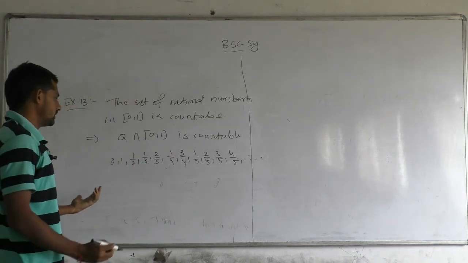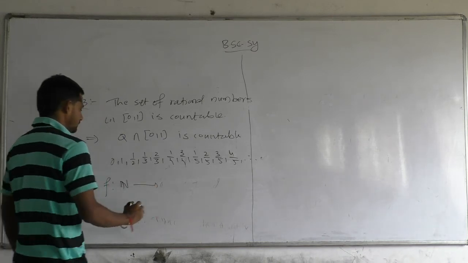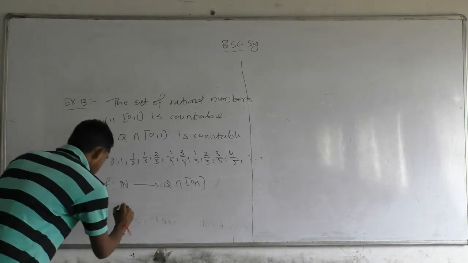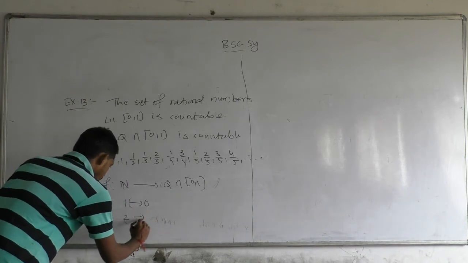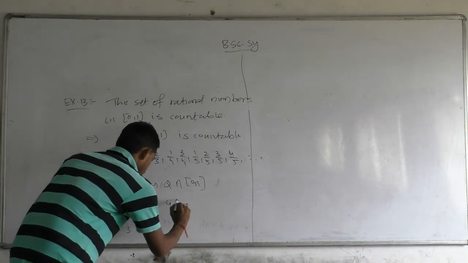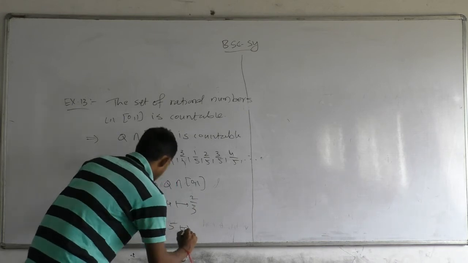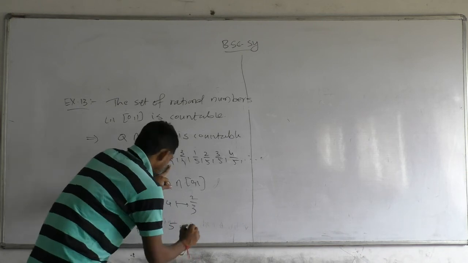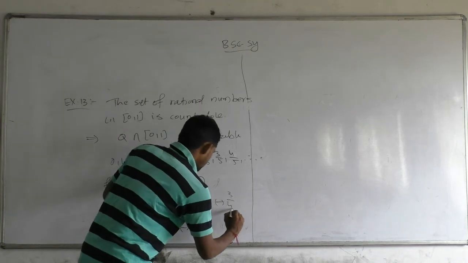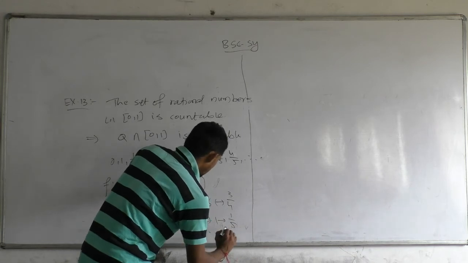And define a function f from N to Q intersection [0, 1] such that 1 goes to 0, 2 goes to 1, 3 goes to 1/2, 4 goes to 1/3, 5 goes to 2/3, 6 goes to 1/4, 7 goes to 3/4, and so on.